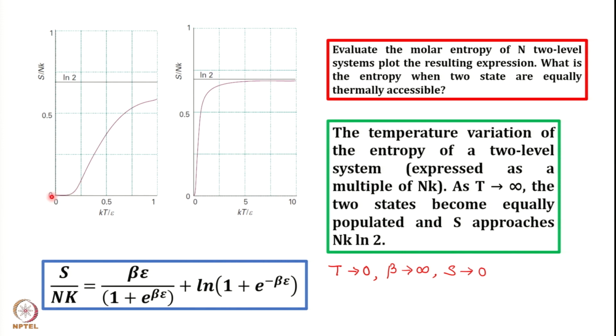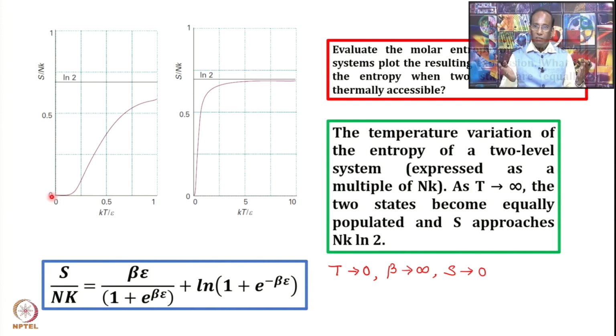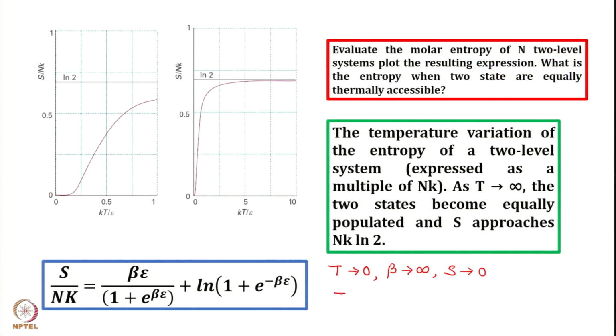Now the second condition, when the two states are equally thermally accessible. That means we are talking about a temperature which is very, very high, approaching infinity. Let us work on that. When temperature approaches infinity, then beta, which is 1 over kT, approaches a value of 0.